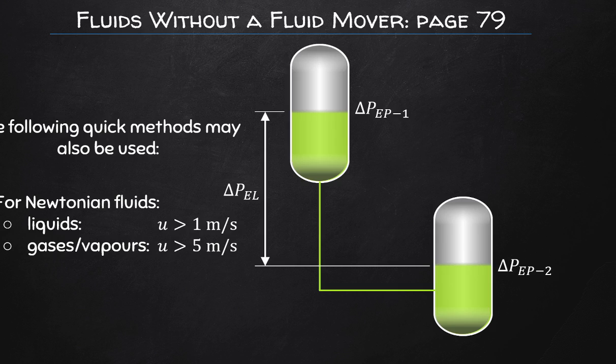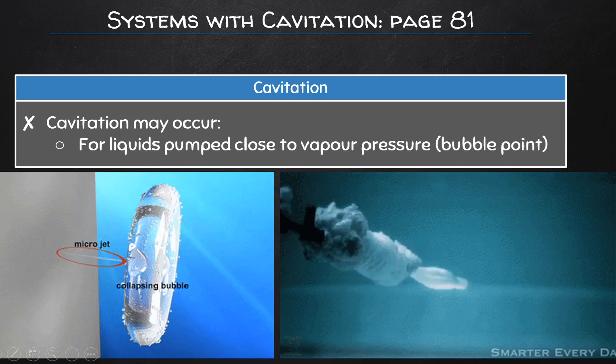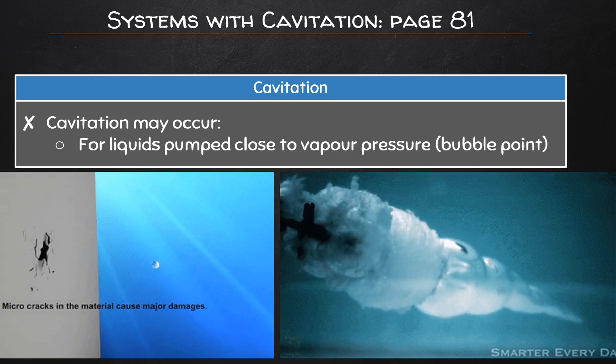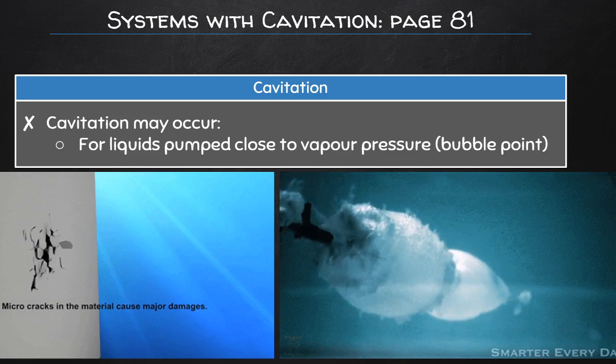You should try and achieve these flow rates without using a fluid mover, and it is likely that if you achieve such flow rates, such a system would more or less be economic rather than adopting a fluid mover instead. Now, speaking of fluid movers, let's discuss an important occurrence called cavitation.